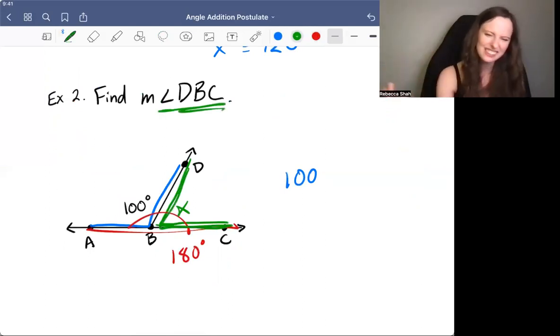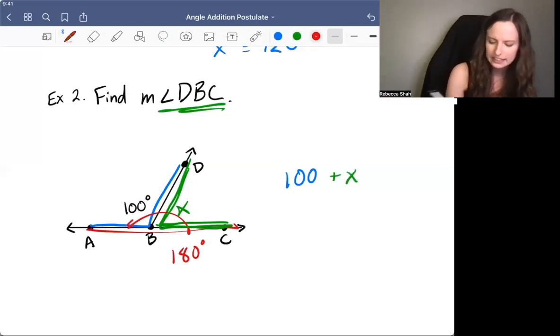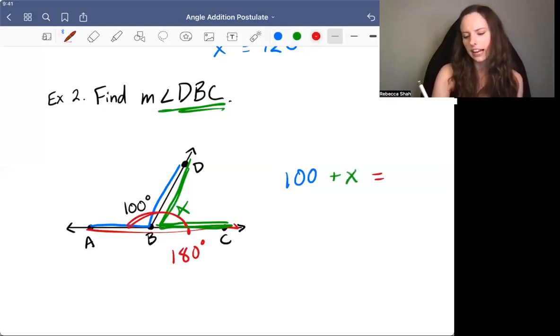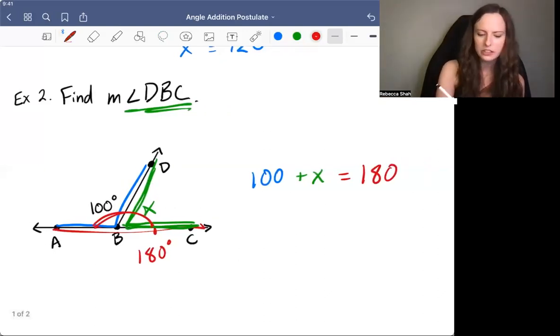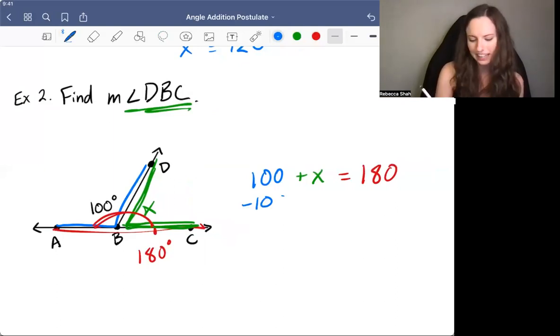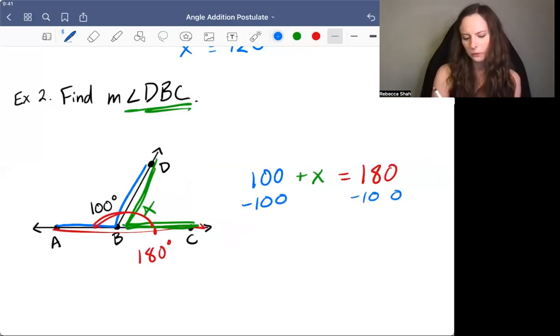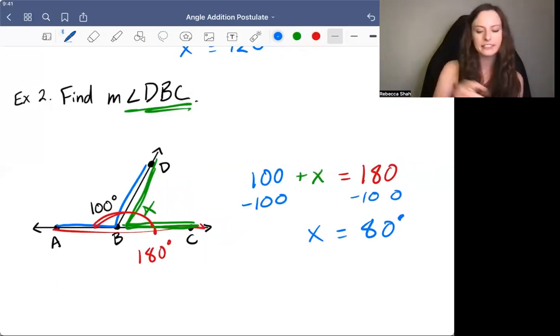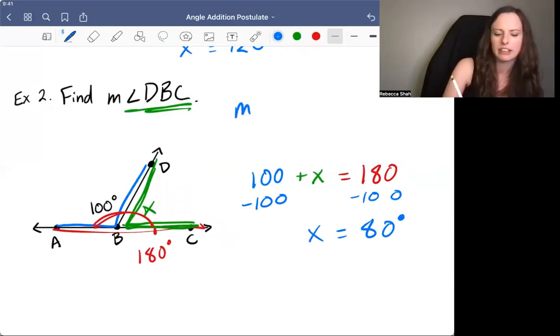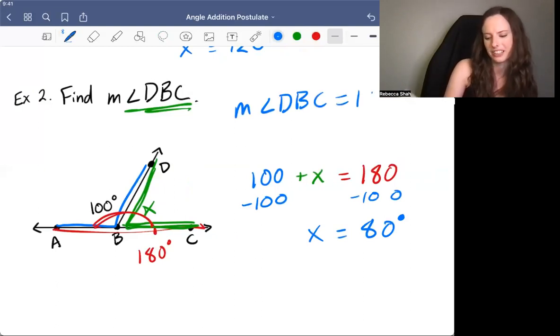So again, I'm just going to call it X. So we have 100 plus X, and they add up to a line, so they add up to 180 degrees. Again, we'll solve for X by subtracting 100 this time, which means that X equals 80 degrees. And so the measure of angle DBC is 80 degrees.